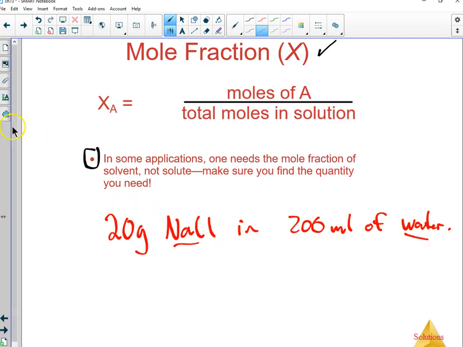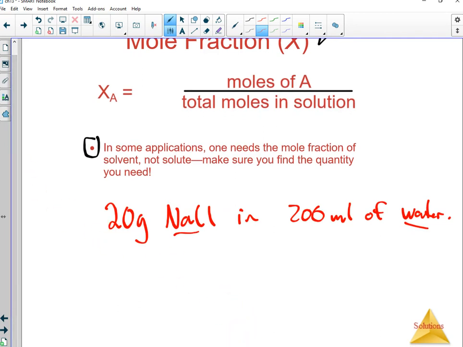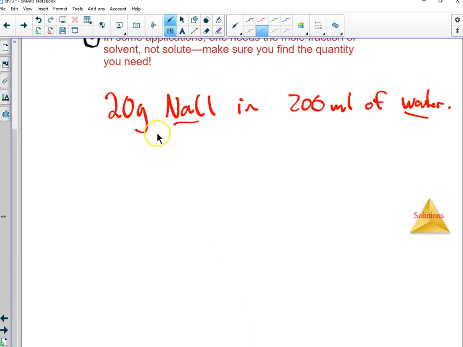It's a fairly simple process once you've seen it. So we first need to convert everything into moles. You okay with that? So 20 grams of NaCl, 20 grams for every 58.5 grams, there's 1 mole. So I take 20 and I divide it by 58.5.